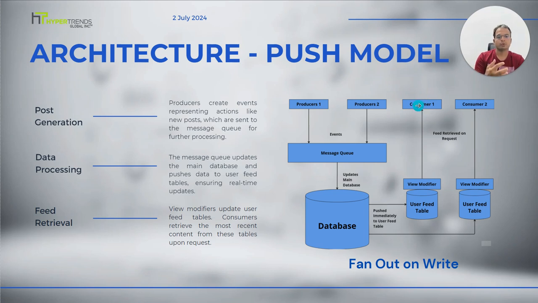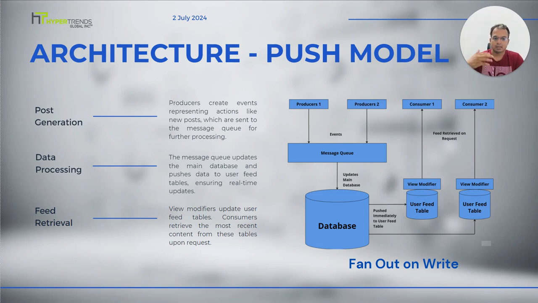So when the consumer wants to retrieve, we don't do much processing, we just fetch it from the database, right? So basically all the predefined pre-calculations are done, and the final version of the data is stored here. And this is basically the push model.